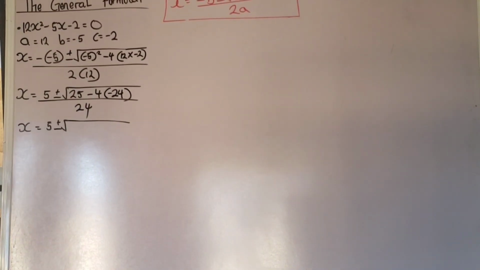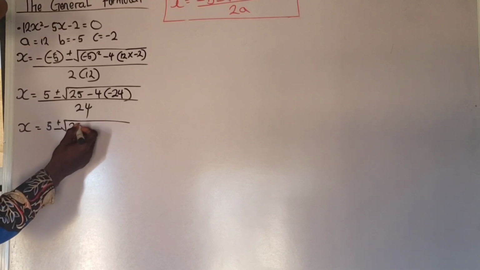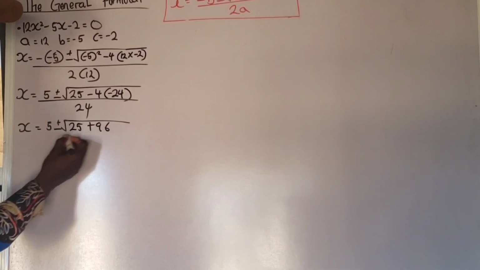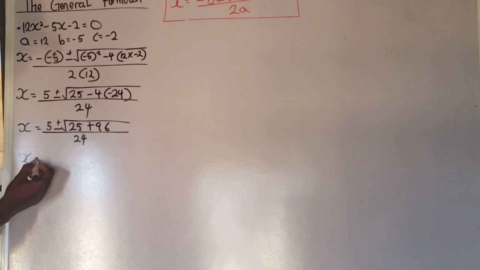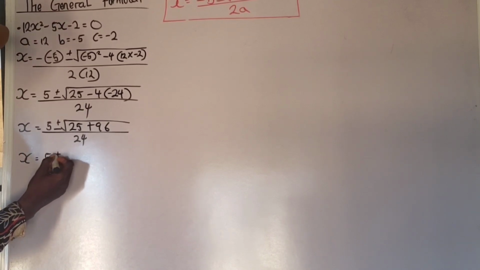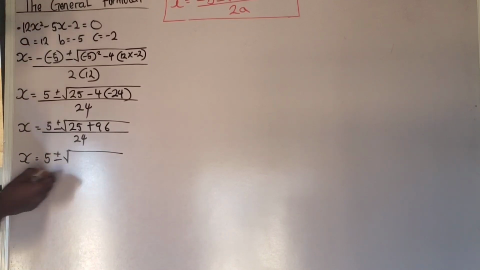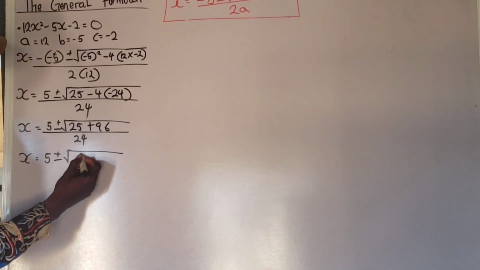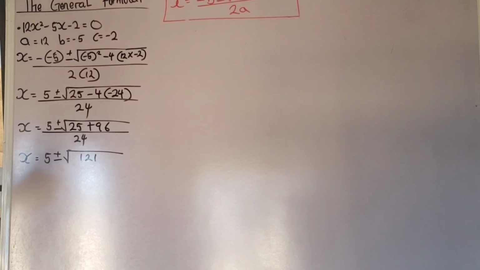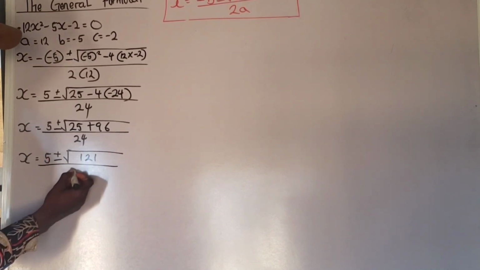So here I'm going to have 25 plus 96 all over 24. So x will be equal to 5 plus or minus the square root of 25 plus 96. That will be 121. So here I'm going to have 121 all over 24.